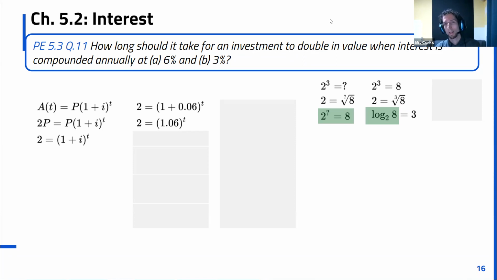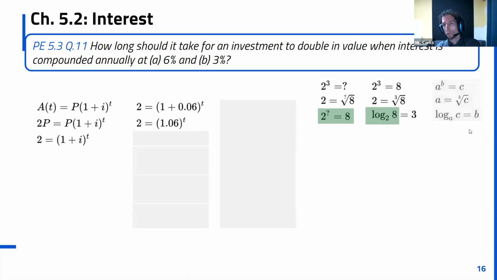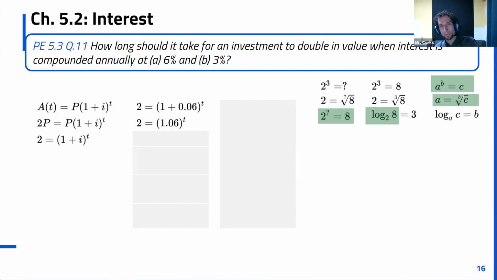The more general case would be this: A to the exponent B equals C, therefore A is equal to the B root of C, and log base A of C equals B. That's the complete circle. Probably some of you didn't get that far in high school with the logarithms part, but those three operations are all complementary and work with each other.